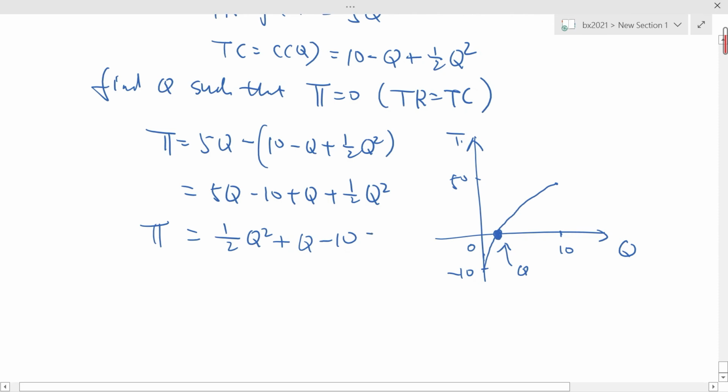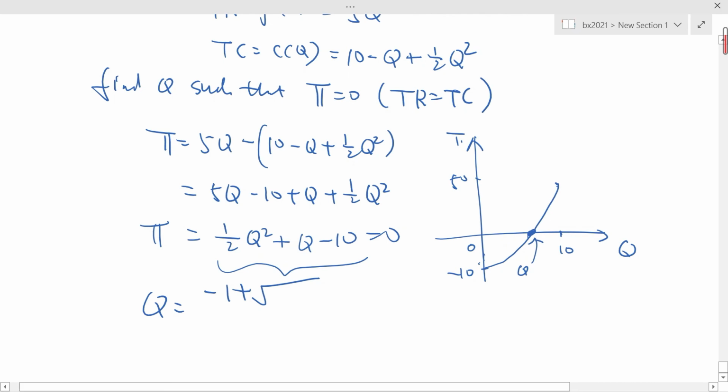You should know that this is a quadratic function, so we can apply the formula to find the roots of the quadratic. Usually you have plus and minus, but with the minus, it becomes negative, which is not what we want.